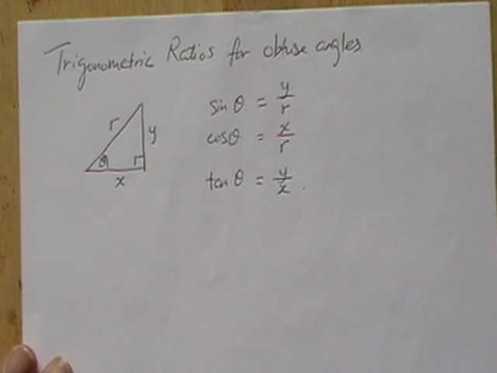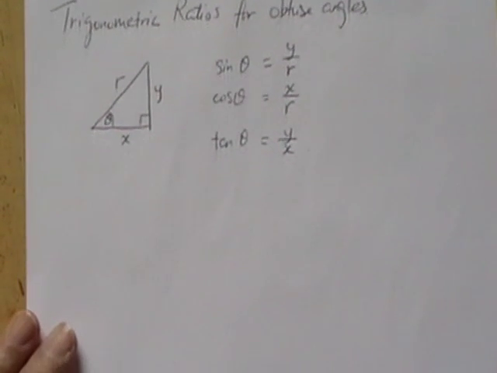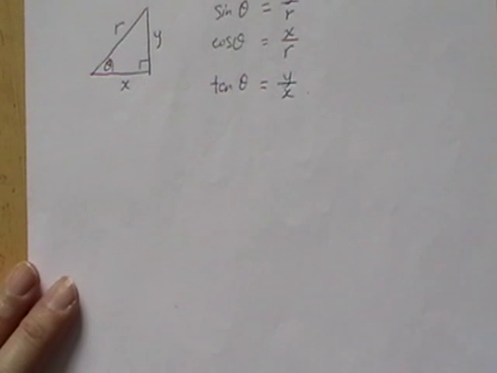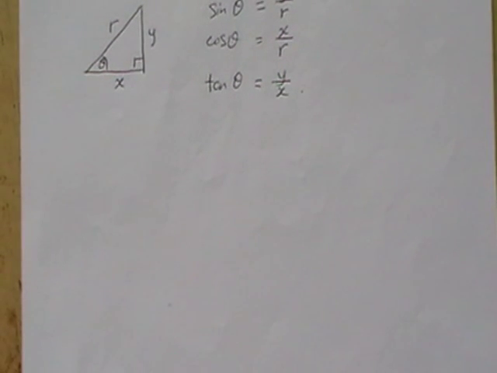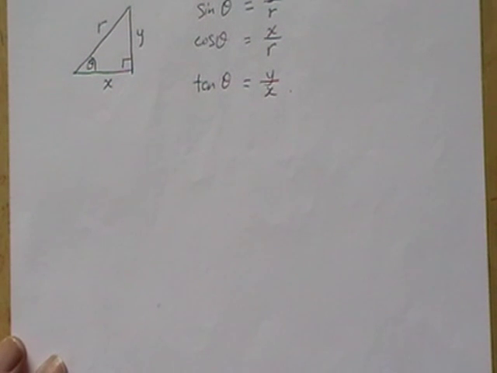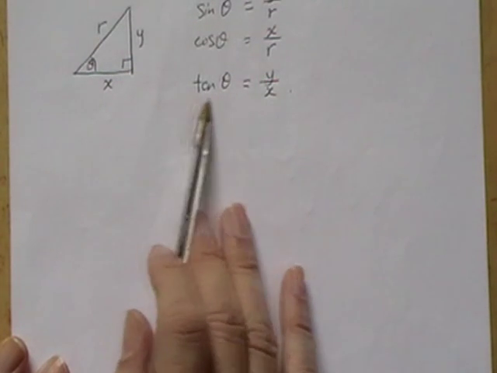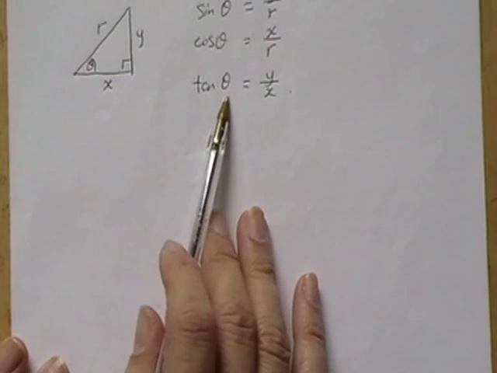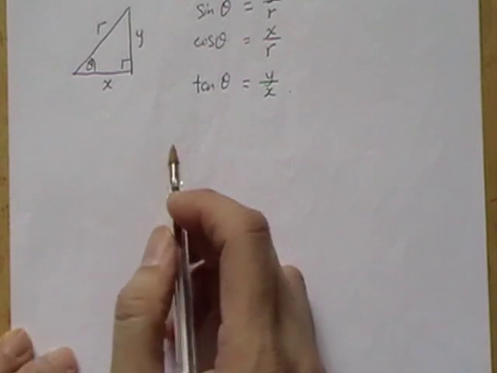Well, these ratios are too useful to throw away just because the angles are more than 90 degrees, and there is a way to extend these meanings to angles that are more than 90 degrees.